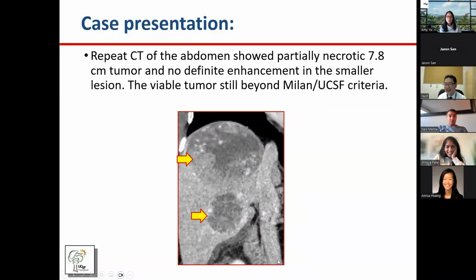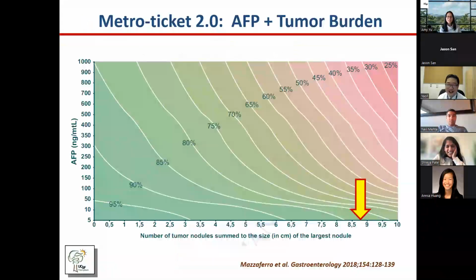Okay, so that's why I miss the in-person grand rounds. You can actually see; I can't really see very much. How many of you would say, go ahead and transplant this patient? So this is UCSF. We try to push the envelope, so that's probably the answer.